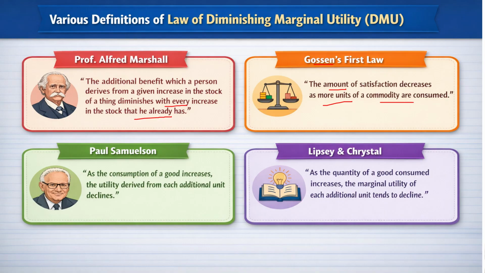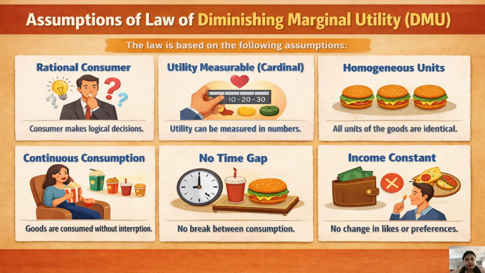We already understood that. Now, Paul Samuelson says that as the consumption of a good increases, the utility derived from each additional unit declines, as I told you in the law of diminishing MU. And Lipsey says that as the quantity of a good consumed increases, the marginal utility of each additional unit tends to decline, as we already saw in the earlier slide.